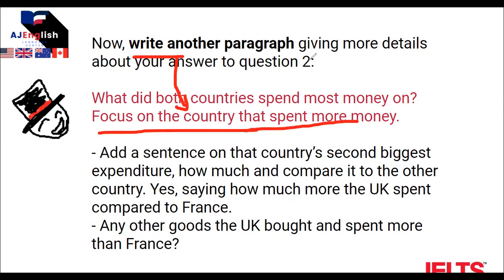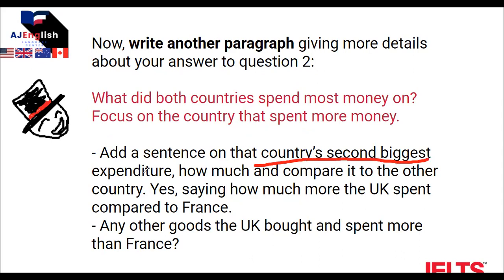You need to add the sentence on that country's second biggest expenditure or expense. And then to make sure you don't forget about the other country, compare it. Did they spend the same amount of money or less or more? Should be less, I think. And include the numbers, you know.